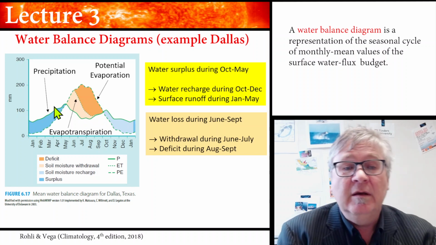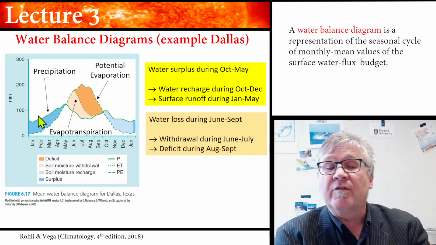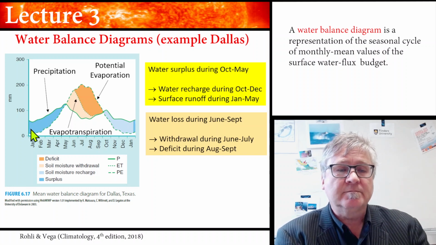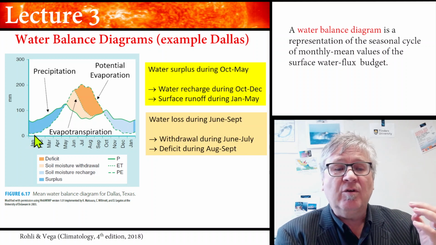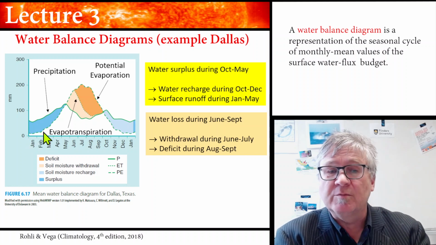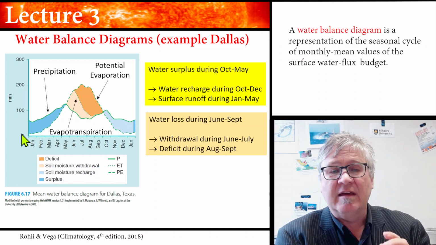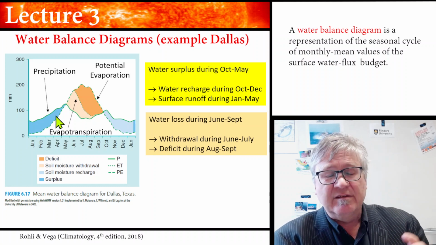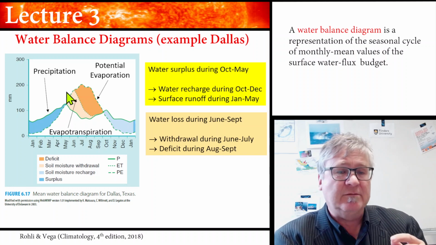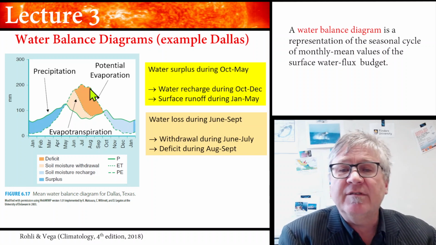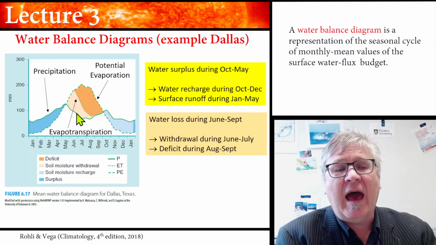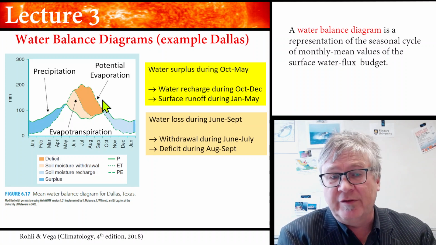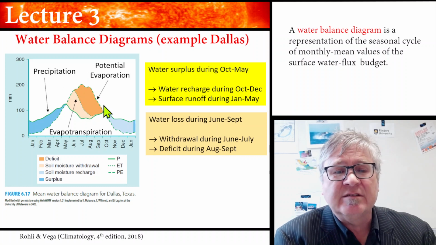Now you also have a curve which is potential evaporation. This is the maximum possible evaporation that you can get. It also includes transpiration. You can see that it's much higher over the summer months, this is the northern hemisphere again, than it is during the winter time.